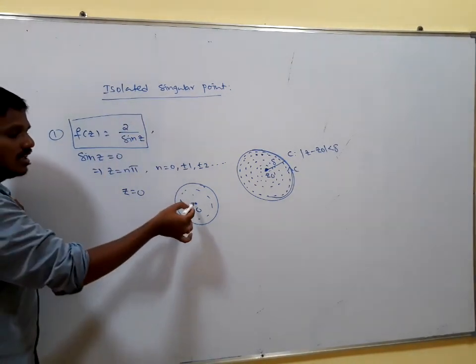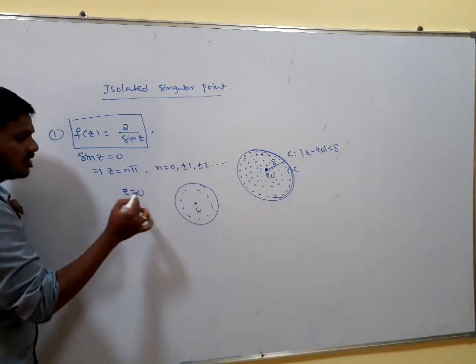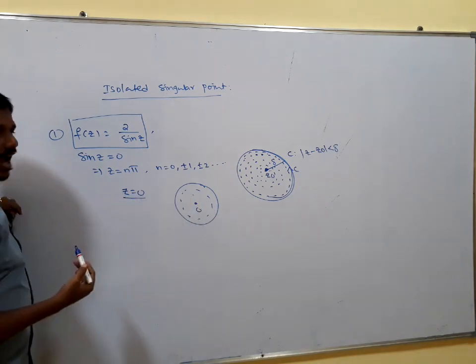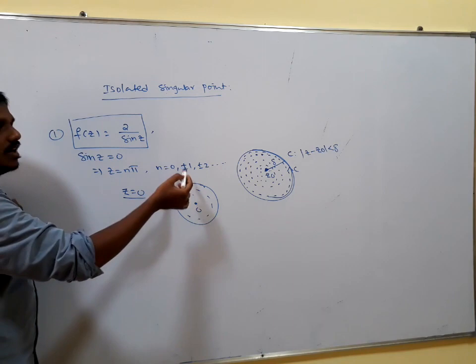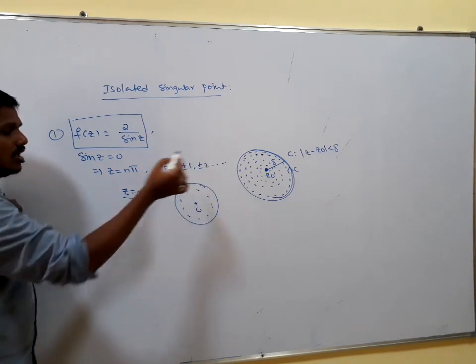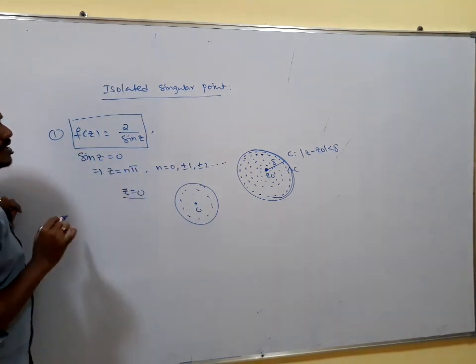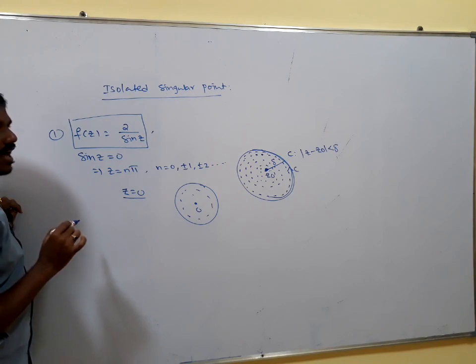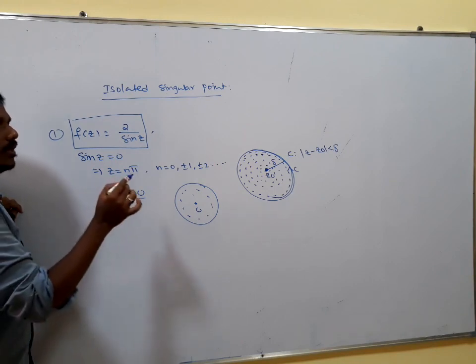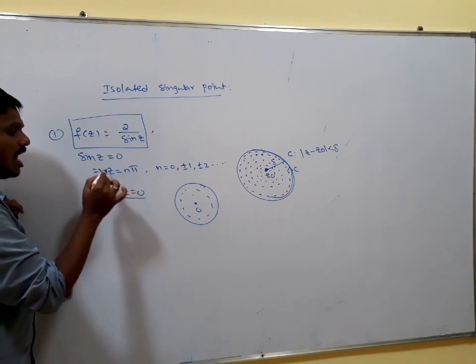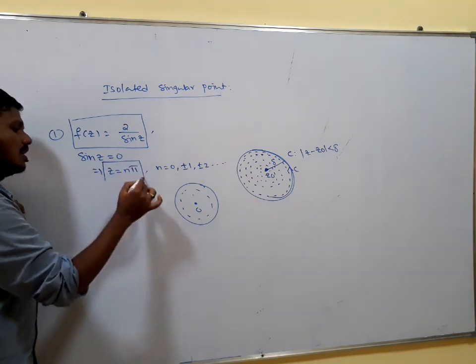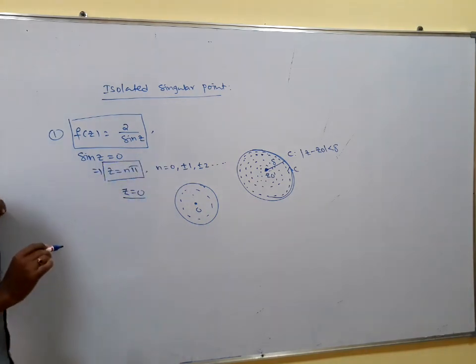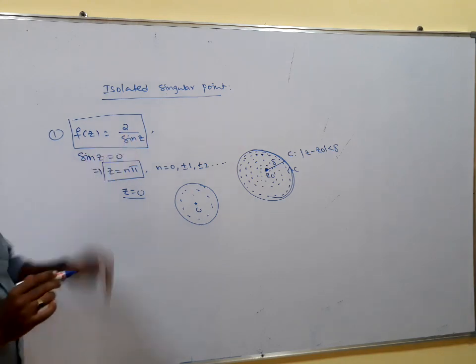So we say that z = 0 is an isolated singular point, and not only 0 but also ±1, ±2, and so on. Therefore, the function f(z) = 2 divided by sin z has an infinite number of isolated singular points. They are z = nπ, where n = 0, ±1, ±2, and so on.